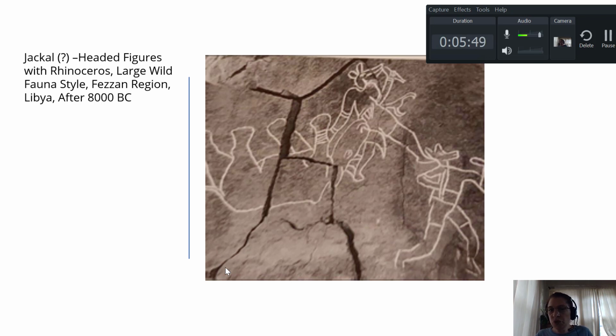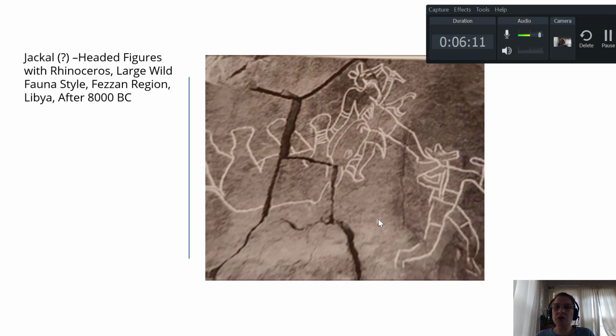The most interesting thing about this image is that because we have these jackal heads on a human body, we can make some correlations to Egyptian art, which we'll be looking at in the next couple of weeks. And if you know anything about Egyptian art, you go right away, well, yeah, that makes sense.